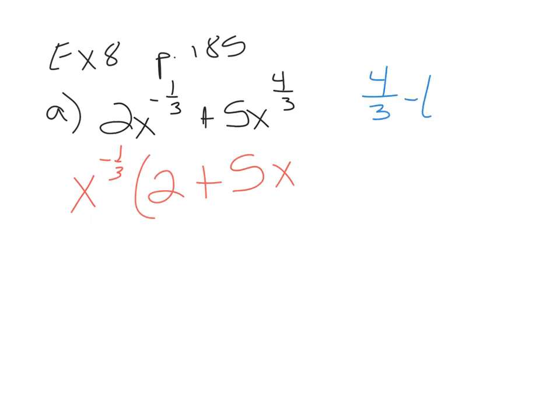Or, in other words, take the exponent you have up here and subtract whatever exponent you're factoring out. If you know your rules for signed numbers, you know this turns into a plus. So 4/3 plus 1/3 makes 5/3. And that's your factored form right there.